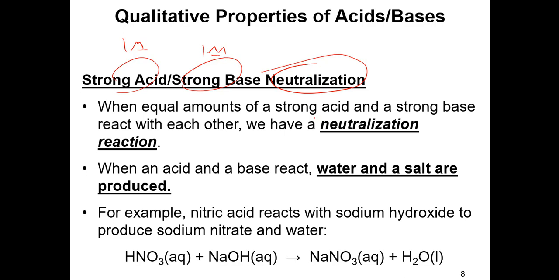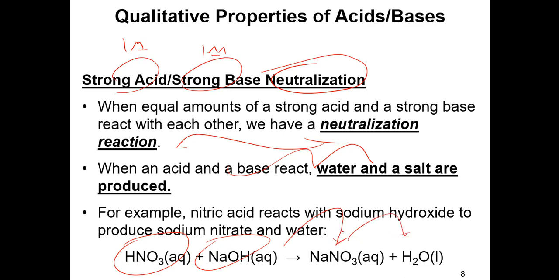Neutralization reaction. So a strong acid, strong base, we have a neutralization reaction, and it produces a water and a salt. So for example, nitric acid, HNO3, strong acid, sodium hydroxide, strong base, that forms a salt and a water.